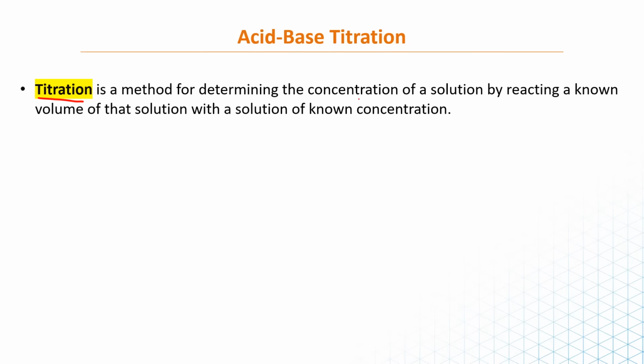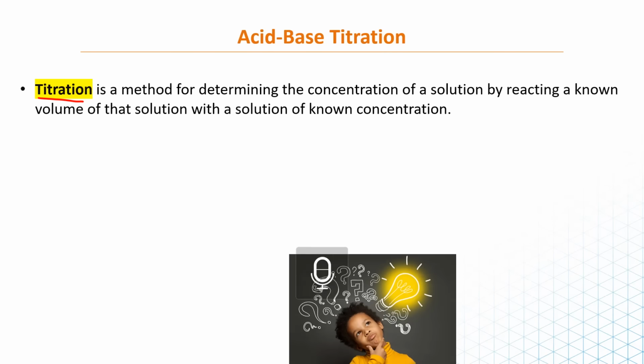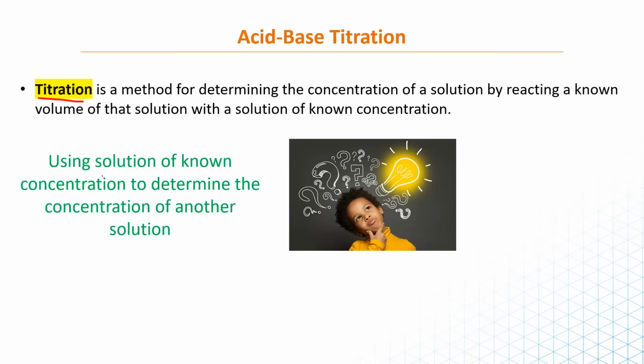It's a method for determining the concentration of a solution. How? We make this substance react with another substance, and this other substance has a known concentration. Okay? So using a solution of known concentration to determine the concentration of another solution.